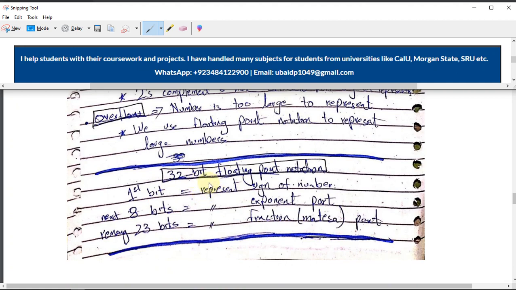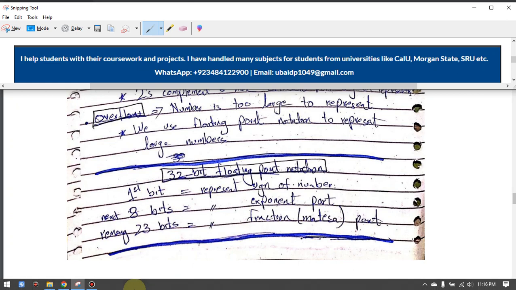If you are wondering whether your system is 32-bit or 64-bit, it all comes from here, right? In the 32-bit system, the first bit is reserved for the sign of the number.